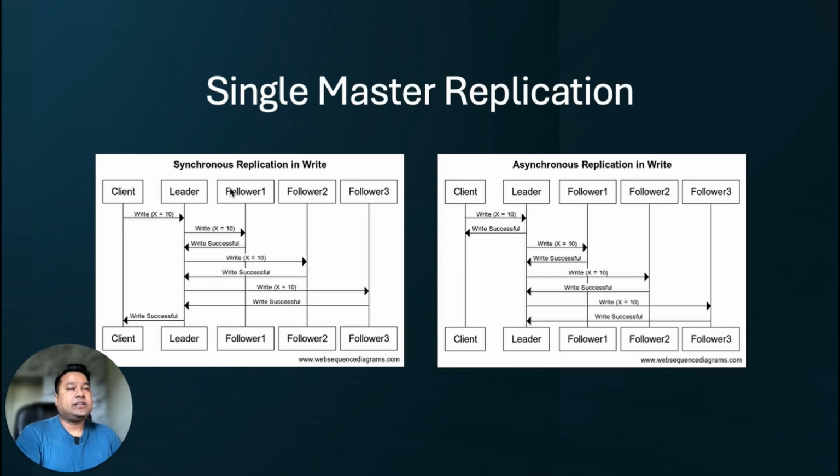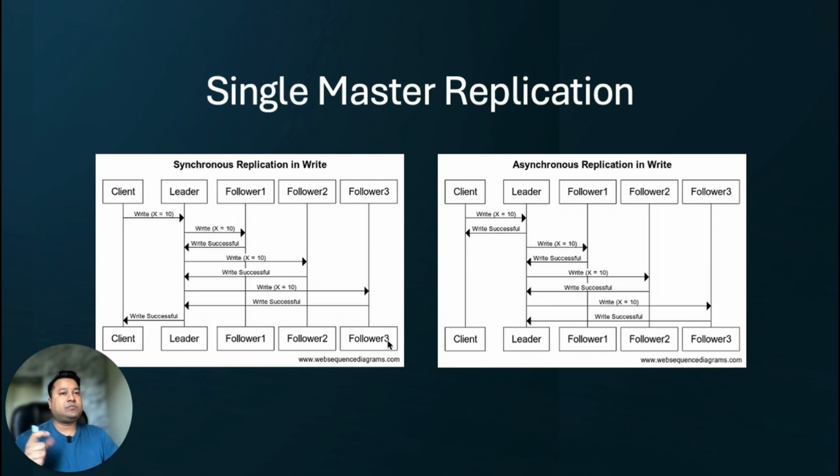As part of synchronous replication, let's say a client is trying to update the username to XYZ. It will go to the leader node, because all writes happen via the leader node. Once it writes locally, it will propagate those changes to the follower replicas. Those follower replicas could be anywhere in the distributed system.